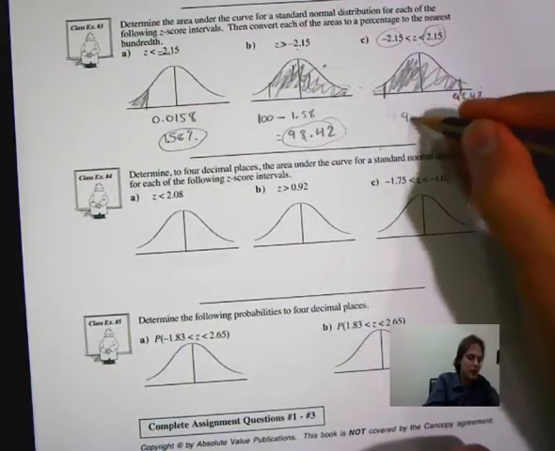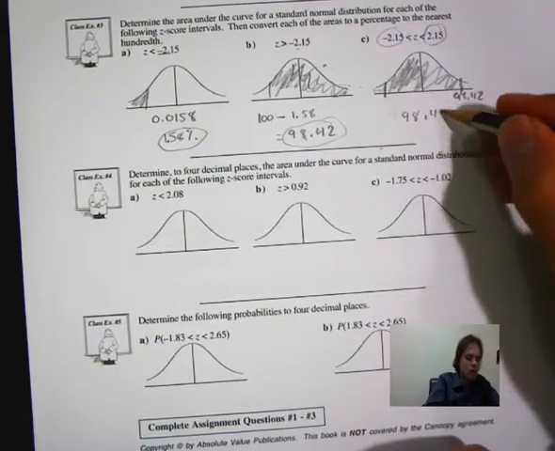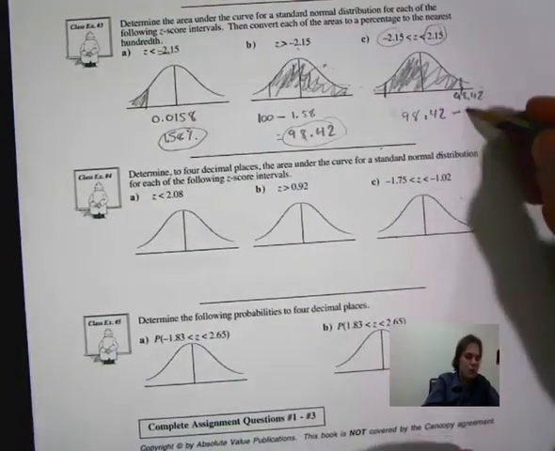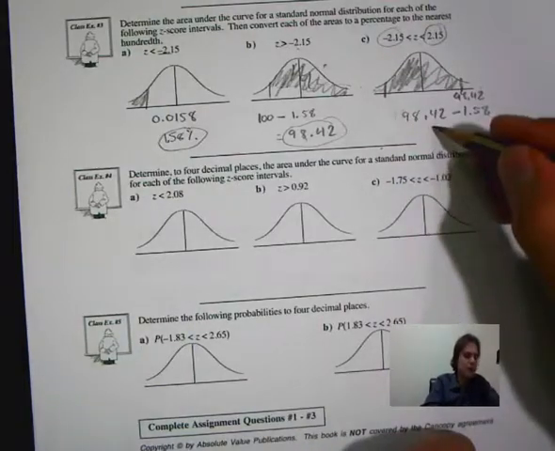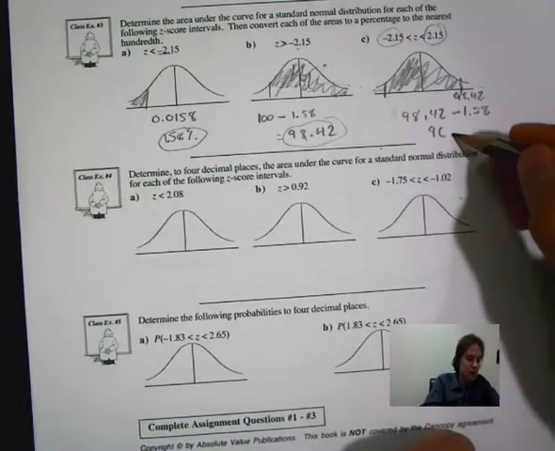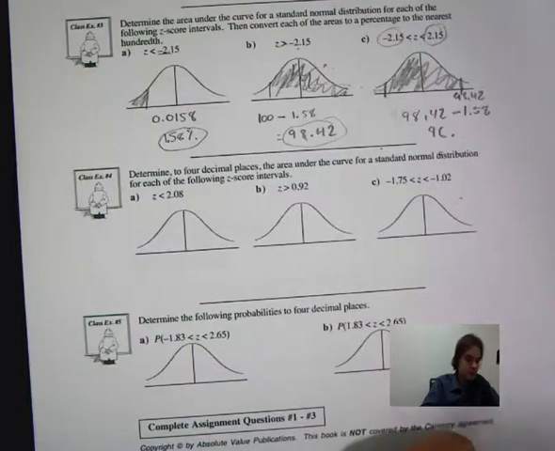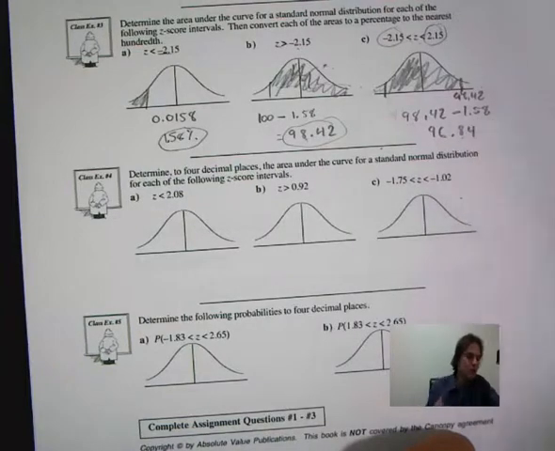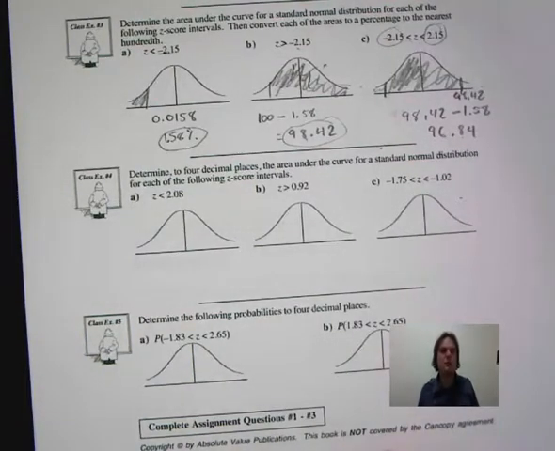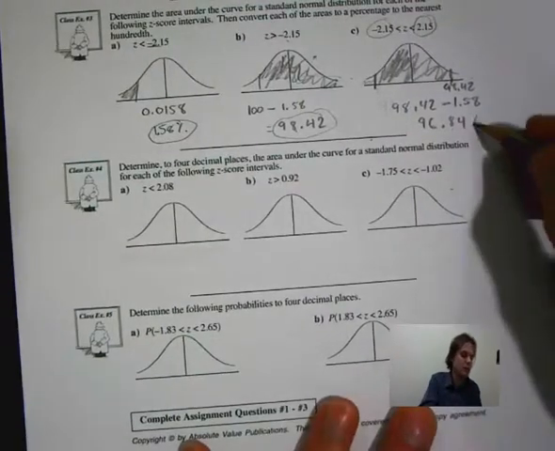So we're going to go 98.42, then subtract 1.58, which is going to give me 96 point, oh, it's been a long day, 96.84, I believe. It might be a bit off, but I think it's around 96.4%.